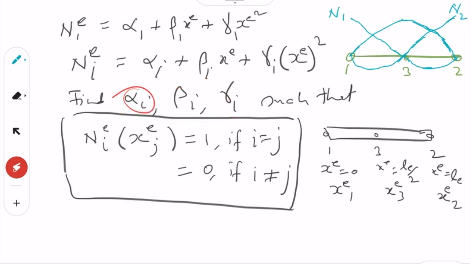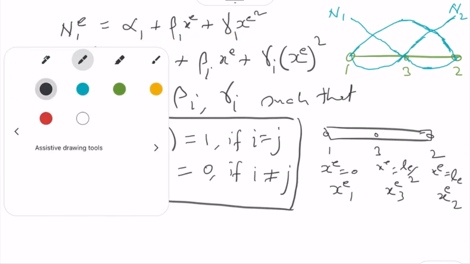So, 3 equations, you will have I equal to 1, 2, 3 basically. So, 3 times 3, 9 unknowns, we have 9 equations as well, and then you can exactly find out those functions. The plot will look something like this. And once you have these quadratic functions, you can find out the test function, right.